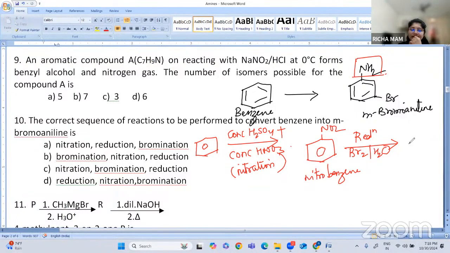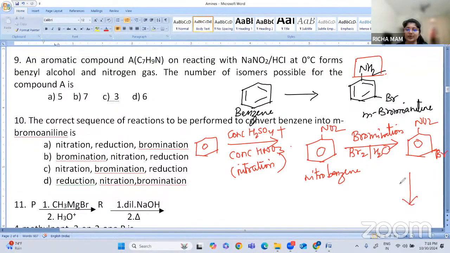So second step, let me do bromination. First step nitration, then we are doing bromination: bromine in the presence of water. At the meta position, I'm going to get a bromo group.